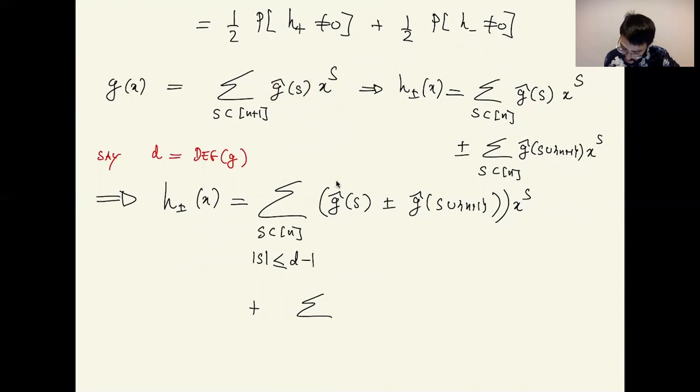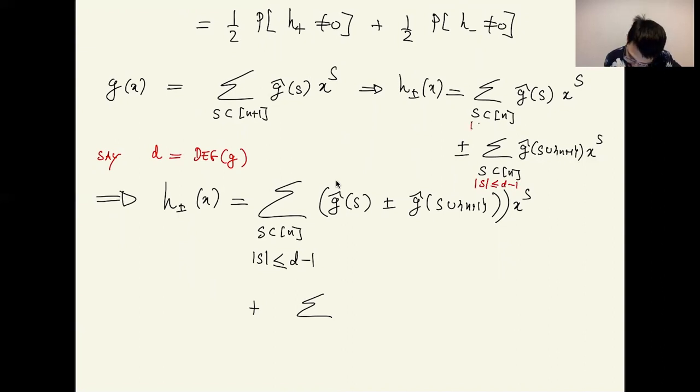So all these guys here can never have degree D, because you indeed removed one guy from here. So this sum here is less or equal than D minus 1.